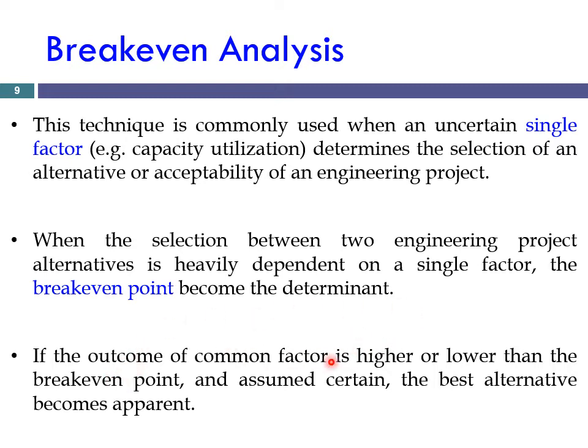And we estimate the capacity utilization to be around 80%, lower than the break-even point. It indicates that you are going to select one of the alternatives. But if it is larger than 90%, then you will select the other alternative. So this 90%, the break-even point, is the point of equivalence, the point of changing the decision. If it is lower, one alternative is better. If it is higher, the other alternative is better.